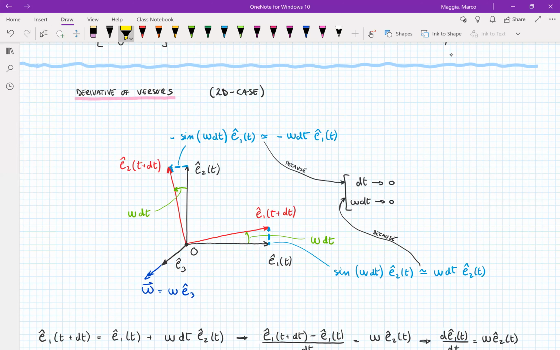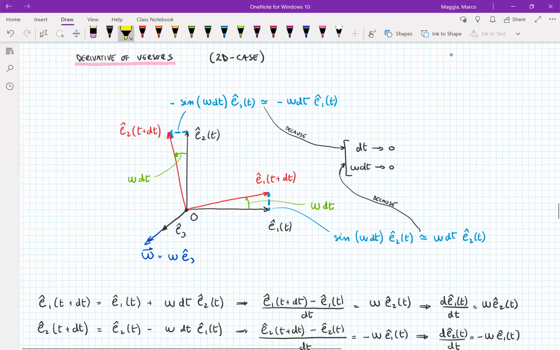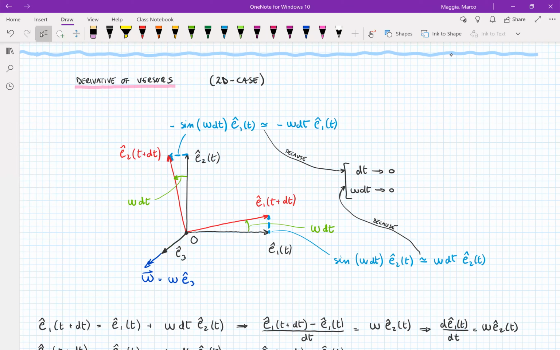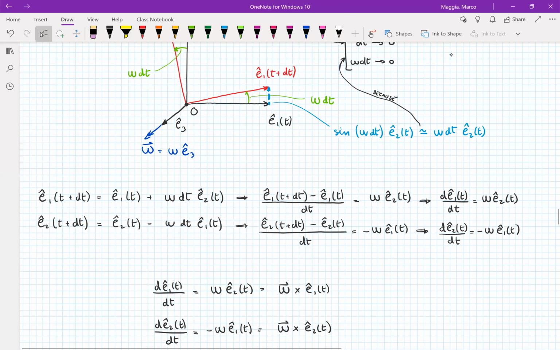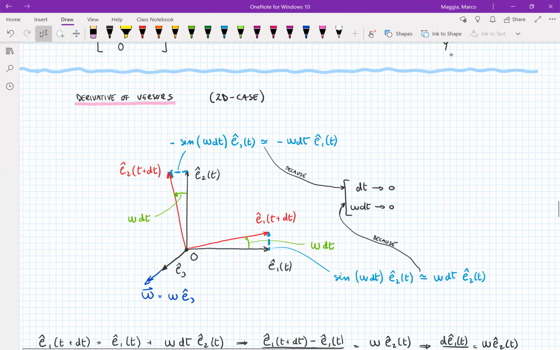But anyway, before doing that, I want to make you understand a little bit better why the derivative of versors is given by what it is. We saw last time that the derivative of B is given by the angular velocity cross product the vector itself.